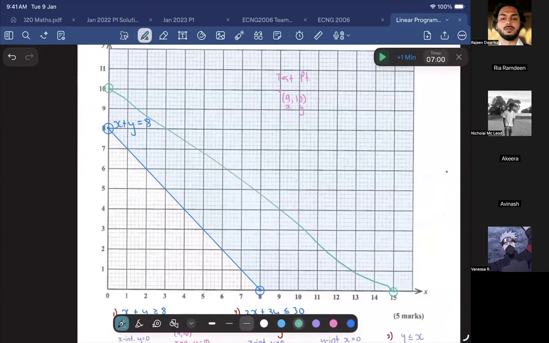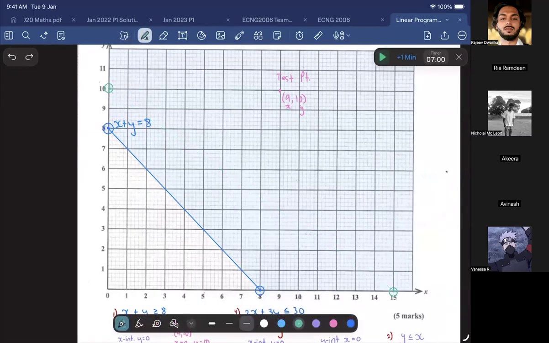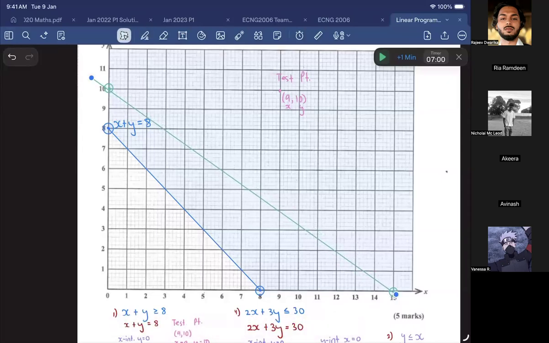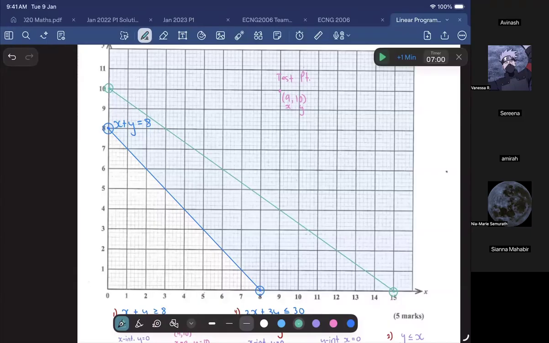Is there anybody that doesn't understand this at all? At all, at all, at all? If you don't, tell me. It's fine. Now is your chance. Akira, is there anything here that you don't understand at all? No, sir. Avinash? No, sir.